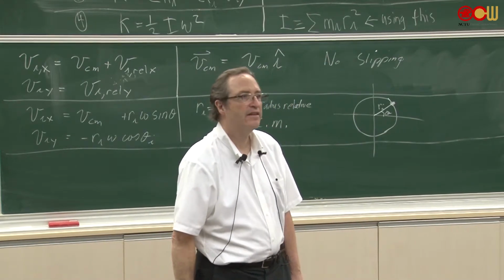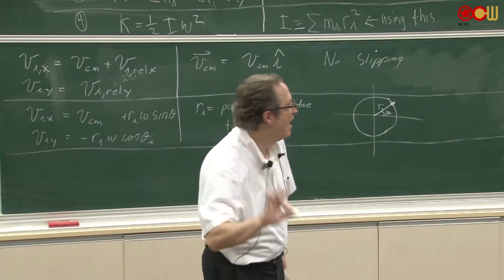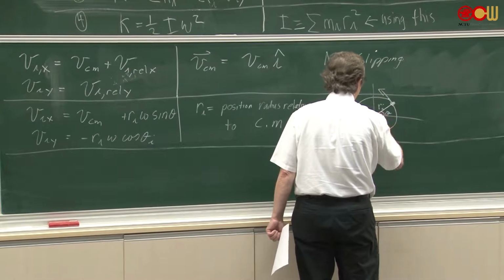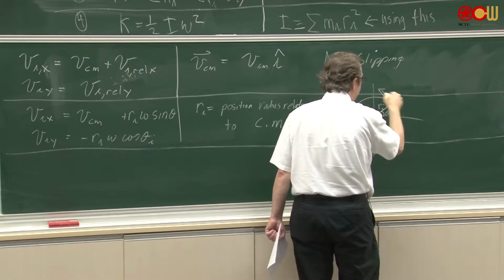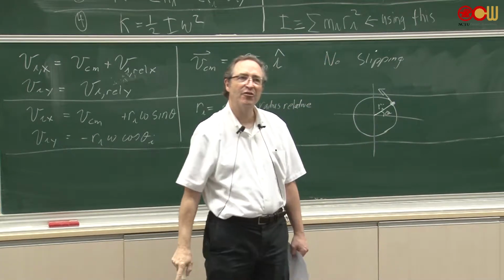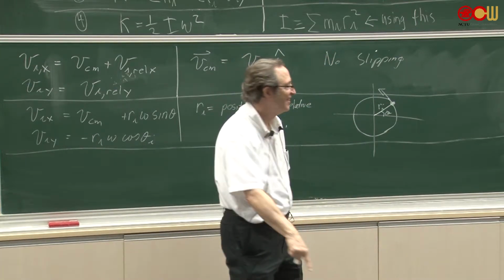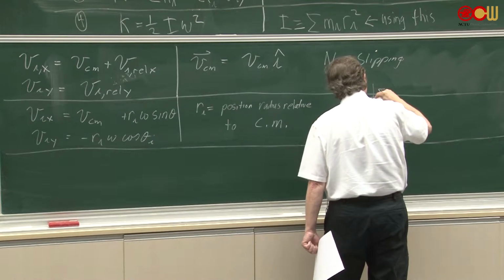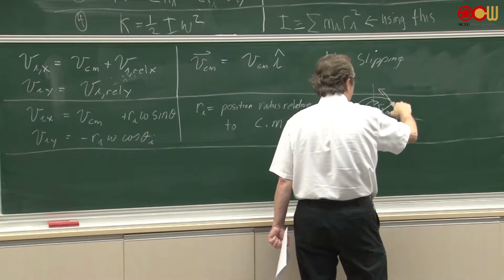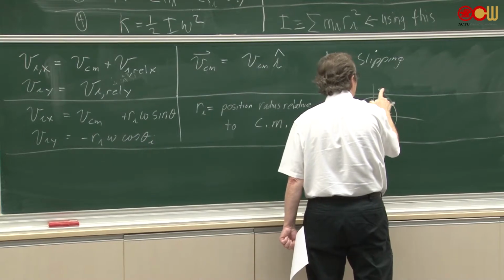Is it up or down? Up. All right, so you think it's going like this. So this thing is rotating like this, and this vector is going that way. Is that correct? It's down, right? Because we're rotating like this. We're going that way. So this point particle is going down.